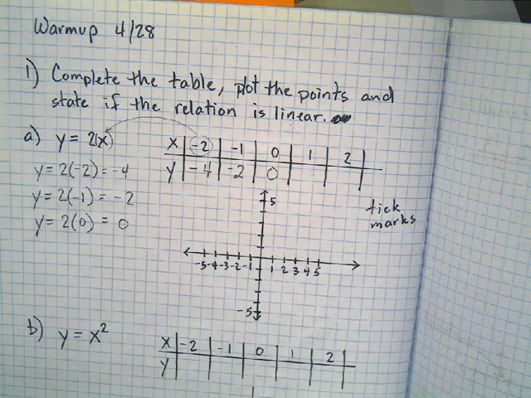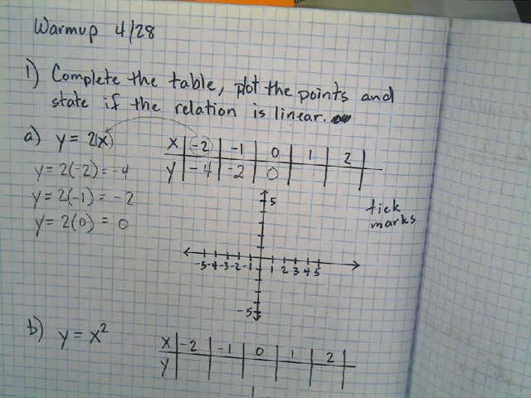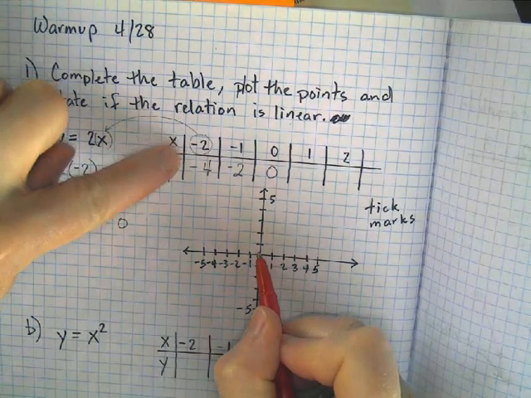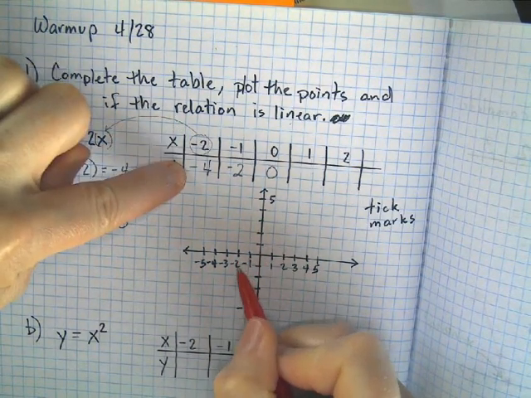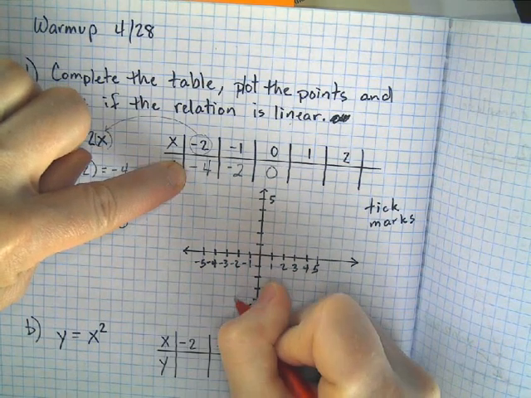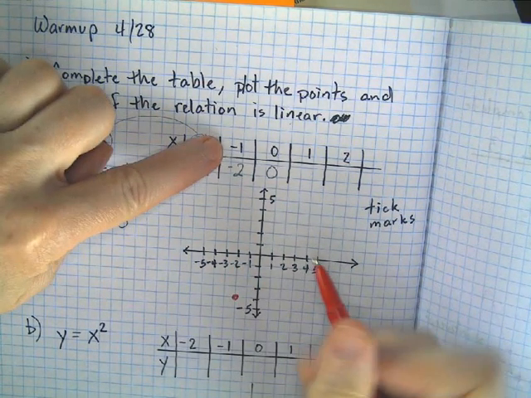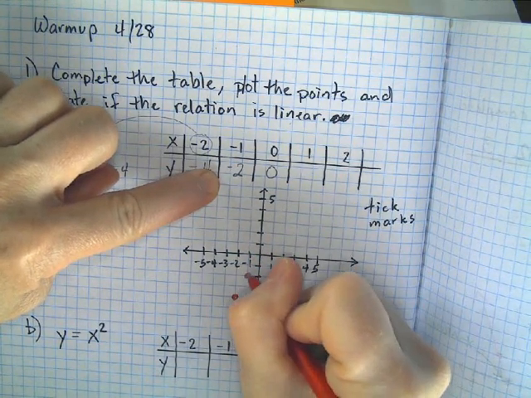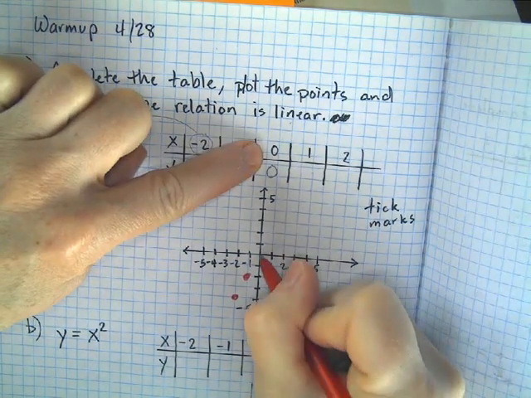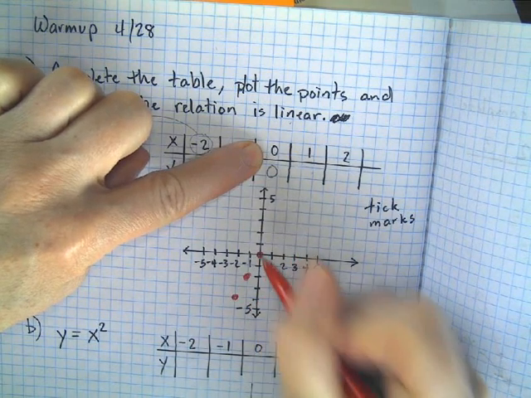Now I can graph my points. -2, -4. So this is to the left, and then this is down. 1, 2, 3, 4. There it is. -1, -2. There it is. 0, 0. Okay, and then you're going to do the last two.